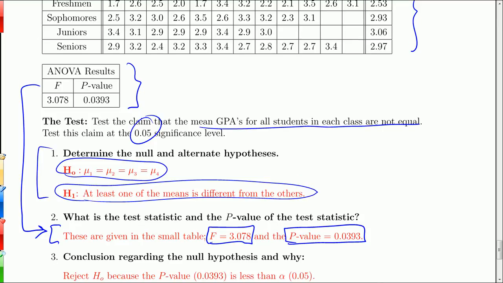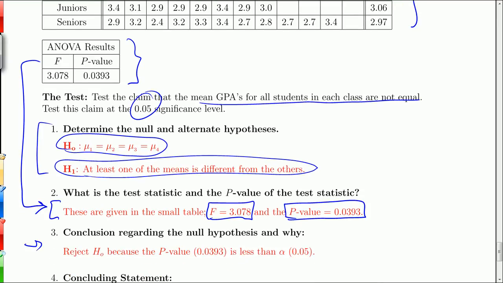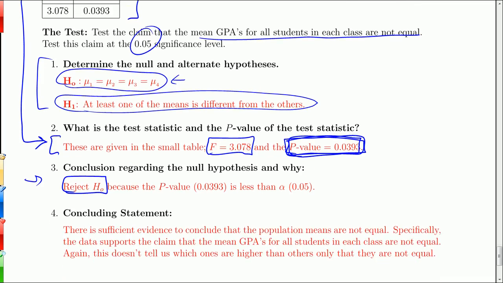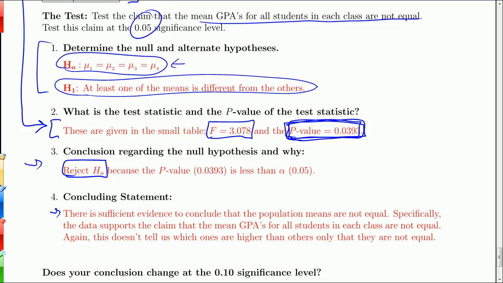So specifically, at the 0.05 significance level, our p-value is smaller than the significance level. So we're going to reject the null hypothesis. So we're rejecting the hypothesis that they are all equal. So what that means, there is sufficient evidence to conclude that the population means are not equal.